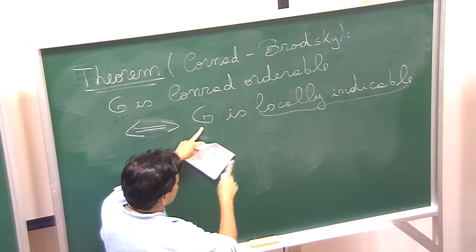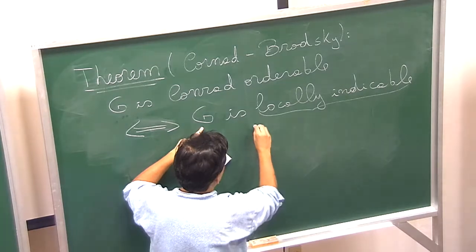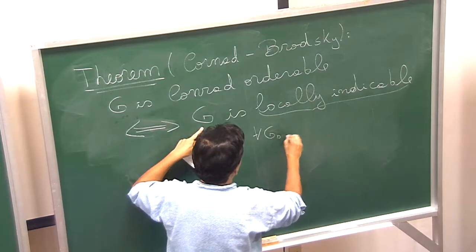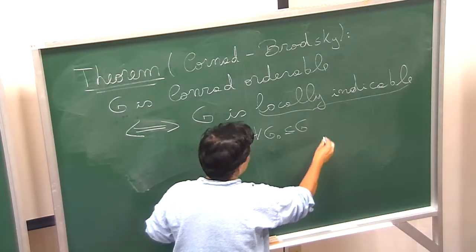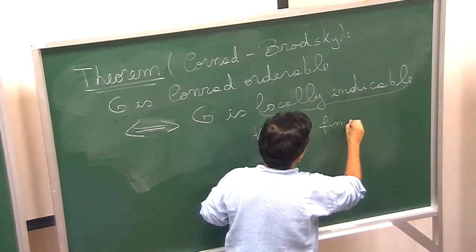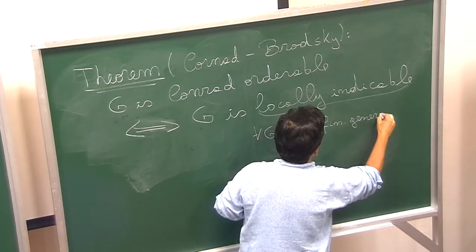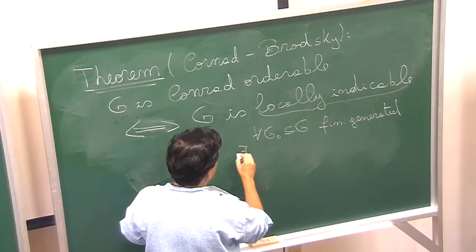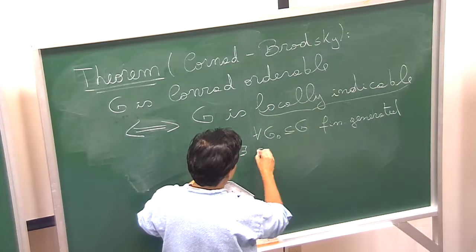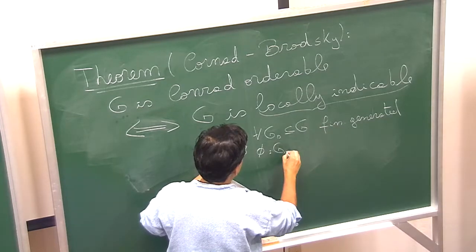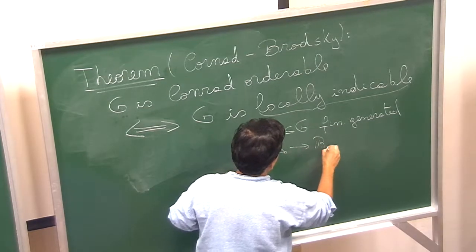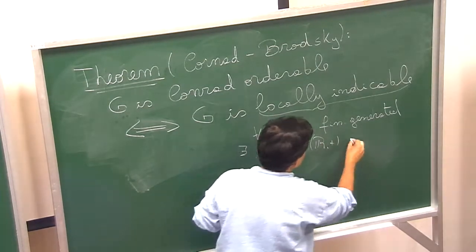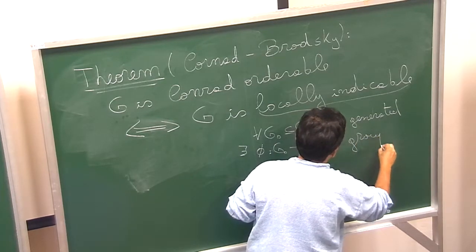So G is locally indicable means that for every G naught which is a finitely generated subgroup, there exists a group homomorphism which is non-trivial into the reals.